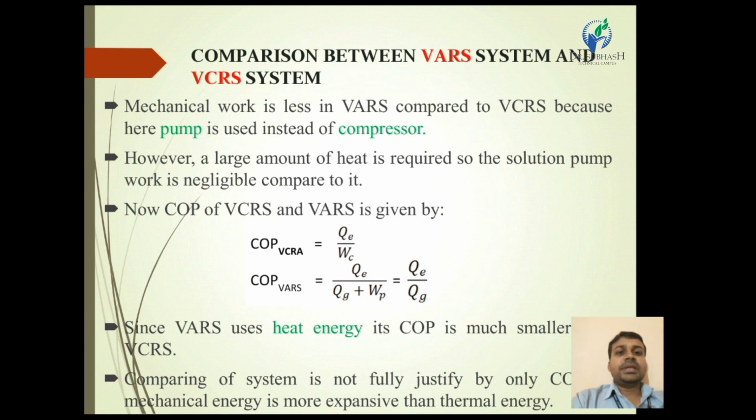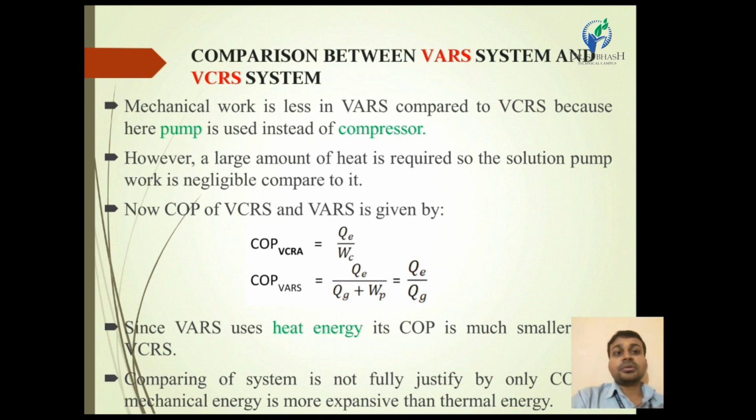Since the VAR system uses heat energy, its COP is much smaller than the VCR system, because it is a low pressure system using the generator temperature, so we get a very low COP in the VAR system.